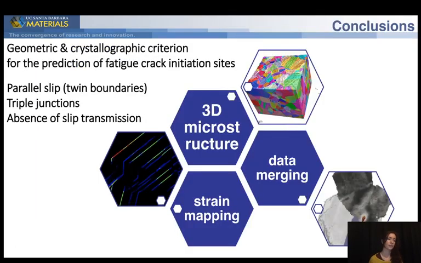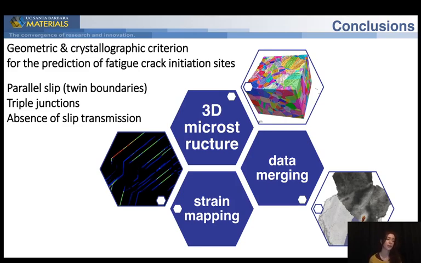So to summarize, we have shown that developing tools to accurately map slip bands, capture the three-dimensionality of the microstructure, and merge this information all together so that we can look at this kind of data in a statistical, fast, and automated manner that is also non-human biased is really the key to understand strain localization in structural materials.